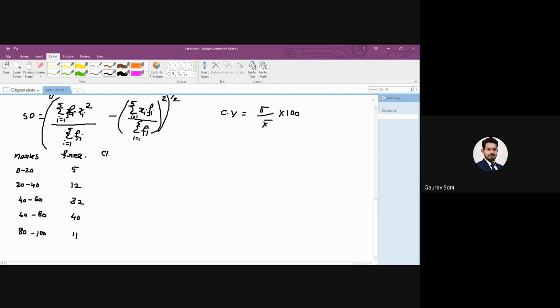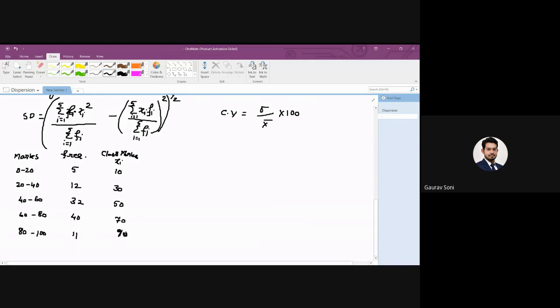So we'll have class marks over there. Class marks, xi's. So 20 by 2, 10. 40 plus 20, 60 by 2, which is 30, 50, 70, and the last one, 90.